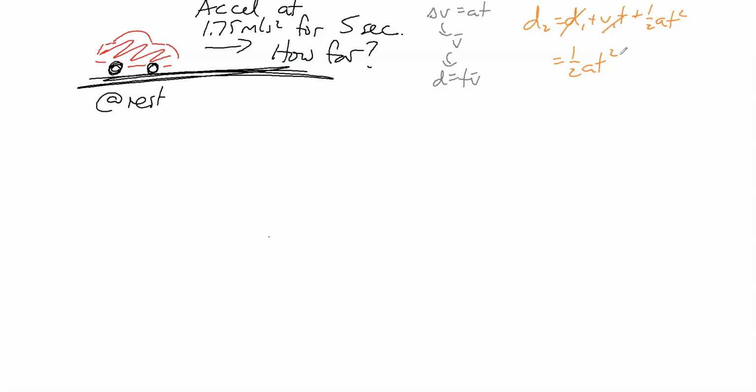If I just use the 1/2 AT squared, I can calculate how far the car went. I've got 0.5 for the 1/2, times the 1.75, times the 5. Don't forget to square the 5 seconds. Put that all together and we'll round off a little bit: we're looking at around 22 meters altogether.